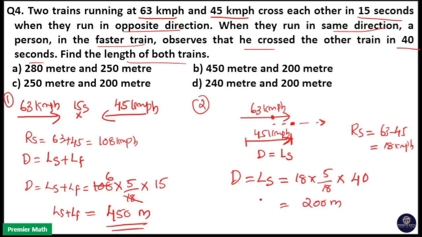So the length of the slower train is 200 meter. Then the length of the faster train would be 450 minus 200, that is 250 meter. So option C is your answer. 250 meter and 200 meter are the lengths of the faster and slower train respectively.